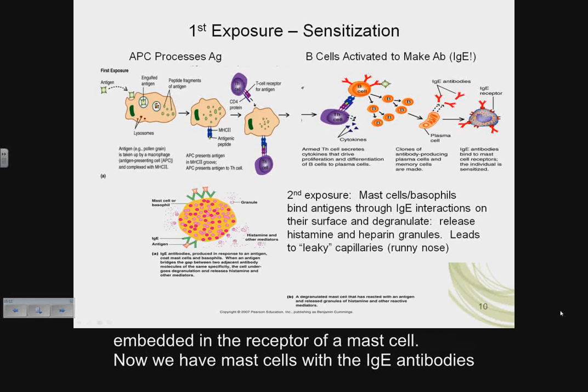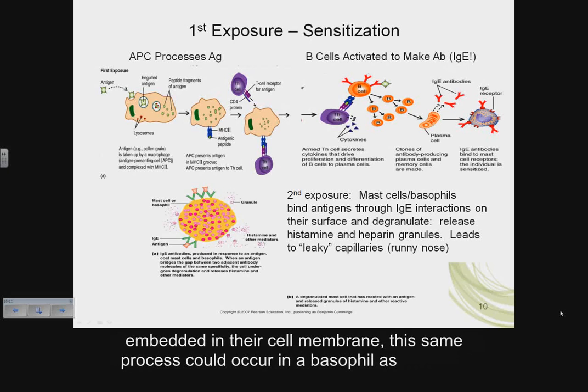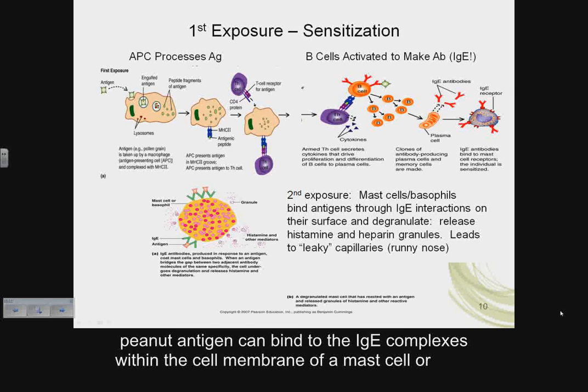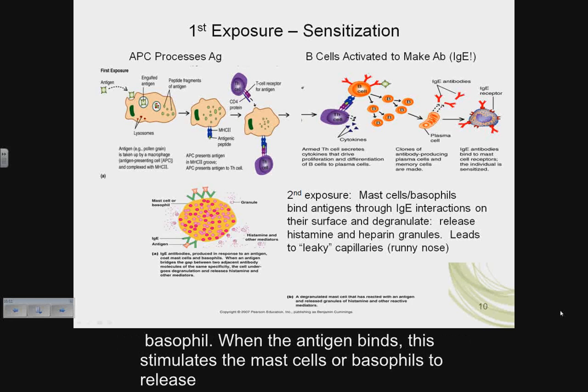Now, we have mast cells with the IgE antibodies embedded in their cell membrane. This same process could occur in a basophil as well. I want to remind you, now, if the child eats another peanut in the future, the peanut antigen can bind to the IgE complexes within the cell membrane of a mast cell or basophil.